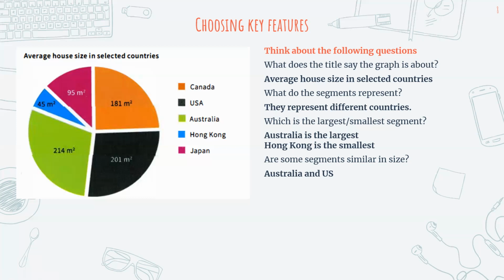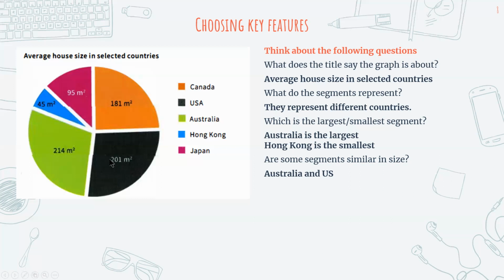I will write about it after the introduction. Of course, we are going to talk about that later on in this lesson. Maybe I will start with the biggest differences. I will say that Australia has the highest average house size among the selected countries, and that the US comes next.